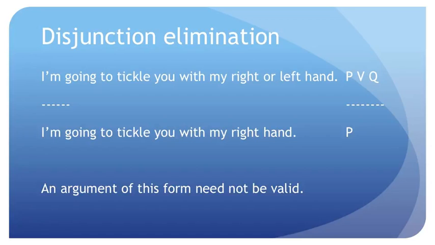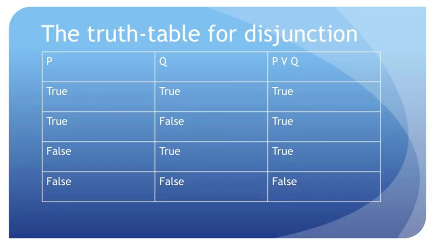And you can also see that by looking at the truth table for disjunction. If you look at the truth table for disjunction, you'll see that there are three possible scenarios in which the premise, I'm going to tickle you with either my right hand or my left hand, is true. The three possible scenarios are the three scenarios in which both of the disjuncts are true, the first disjunct is true and the second one false, or the first disjunct is false and the second one is true.